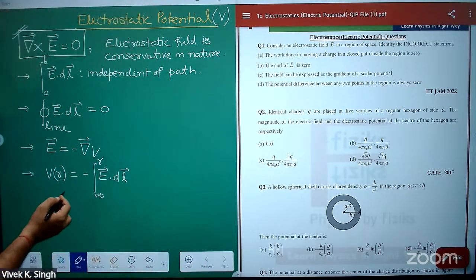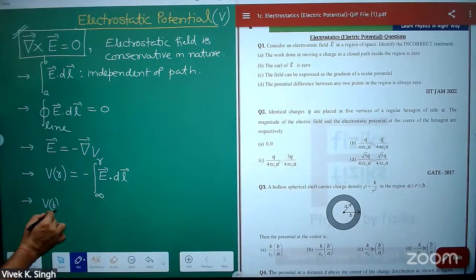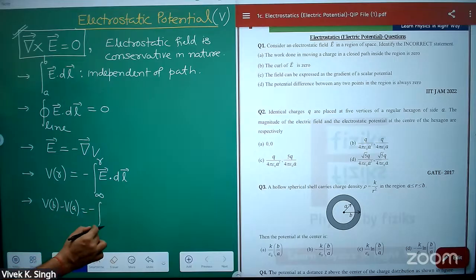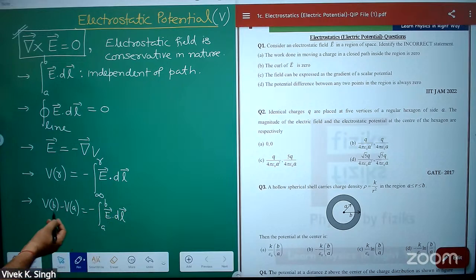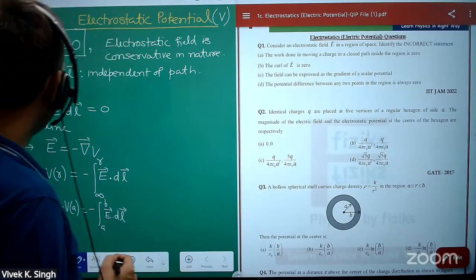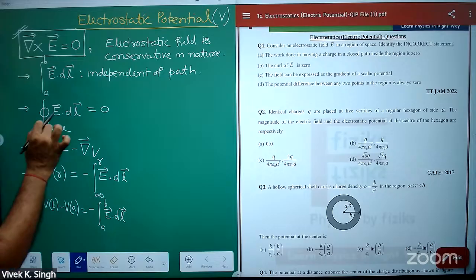And if you have to find the potential difference between 2 points, this is minus the integral from A to B of E dot dl. This is the potential difference between 2 points. Clear? So we are going to use these results.